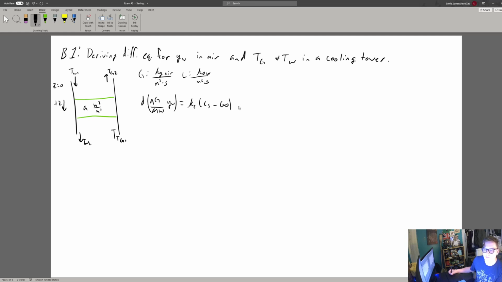And we're going to have to multiply that by the specific volume that we are given. We want to get an actual volume, so we're going to have to multiply it by the cross-sectional area and the change in the height, so dz.